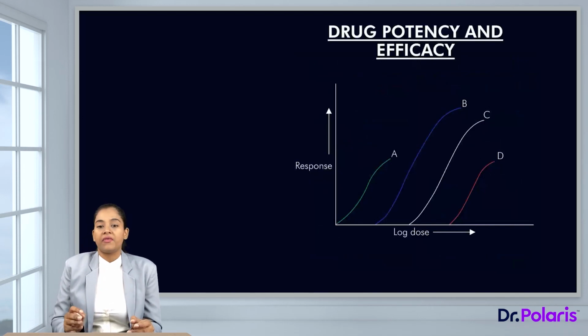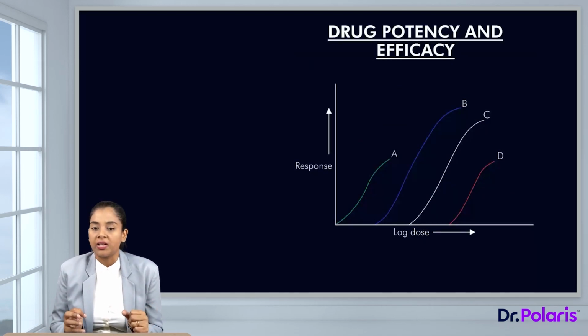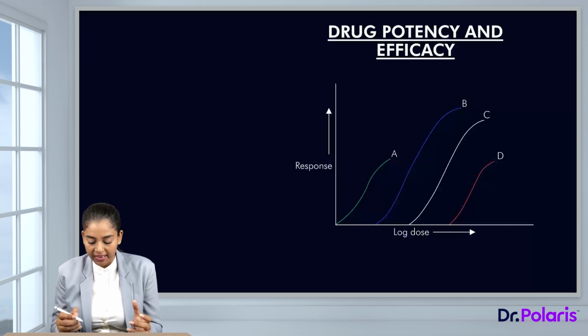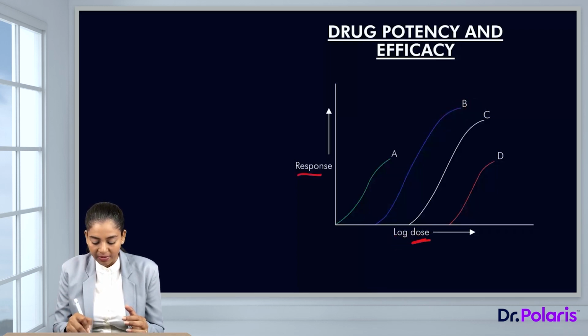Drug potency and efficacy. So what is the difference between potency and efficacy? Now, for example, we'll take drug B. Drug B is the most efficacious drug. If you see, the x-axis is the dose of the drug and the y-axis is the response of the drug.